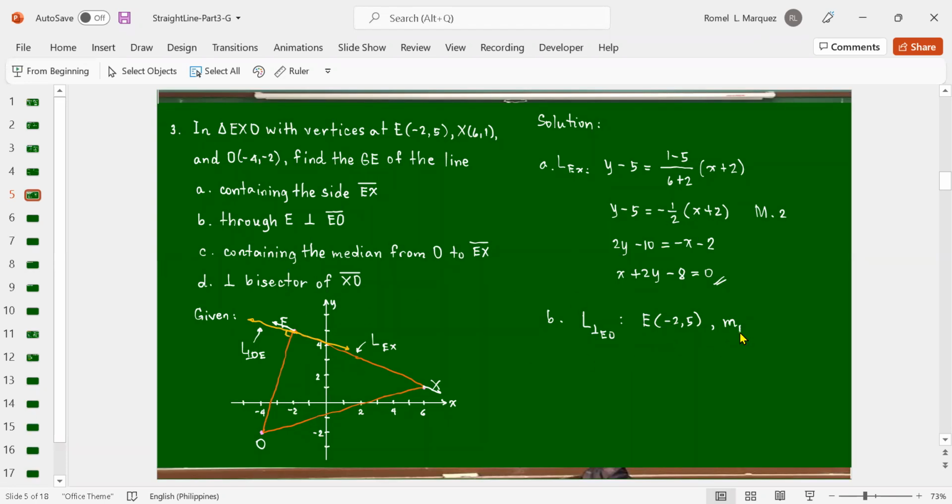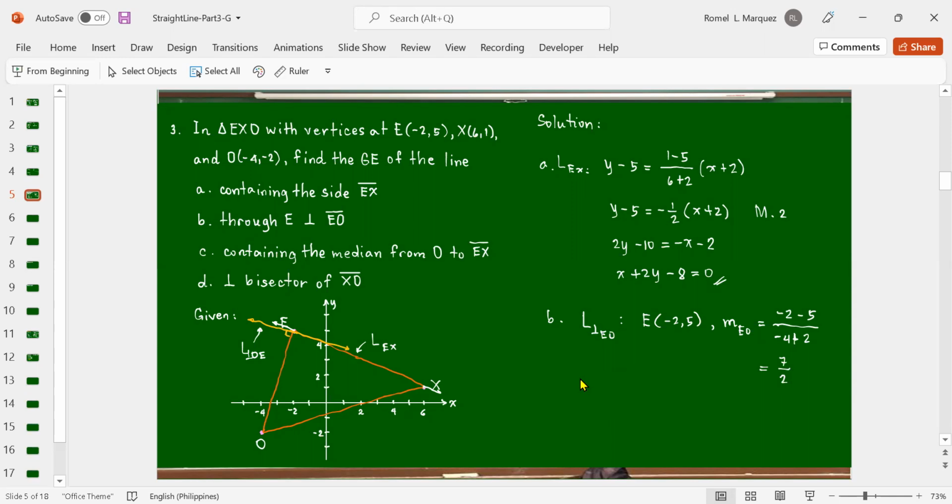EO. The slope of EO. Okay? What's the slope of EO, guys? EO: negative 2 minus 5 all over negative 4 minus negative 2. Is that right? And this is equal to negative 7 over negative 2, or 7/2. Correct, guys?